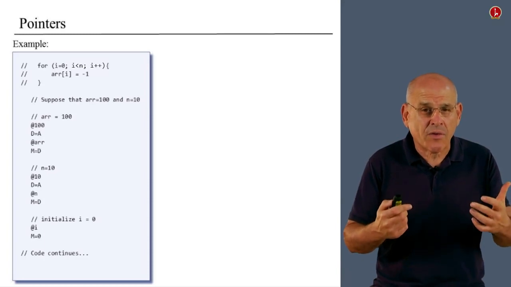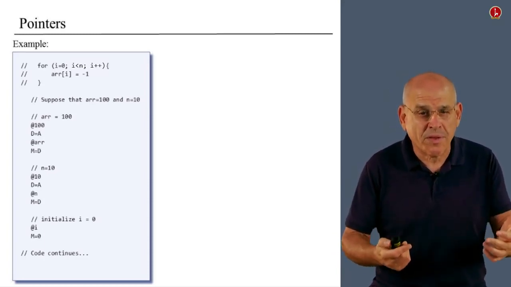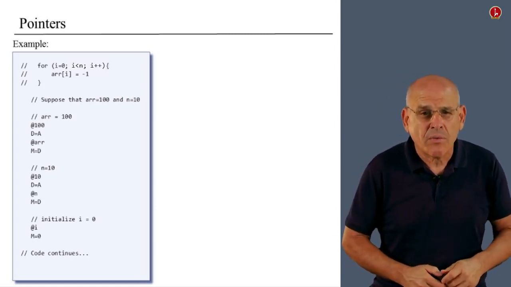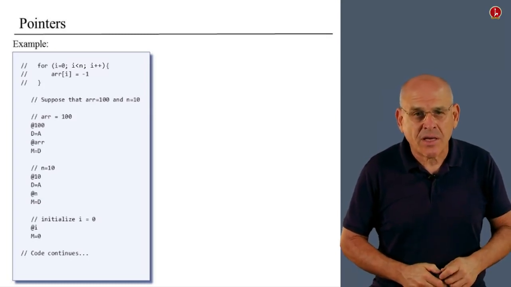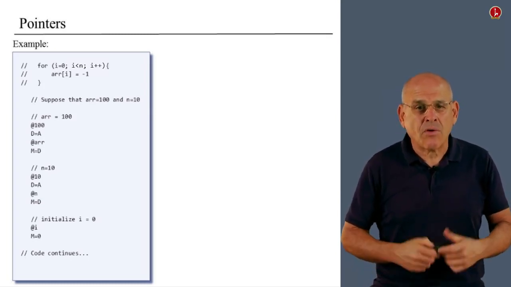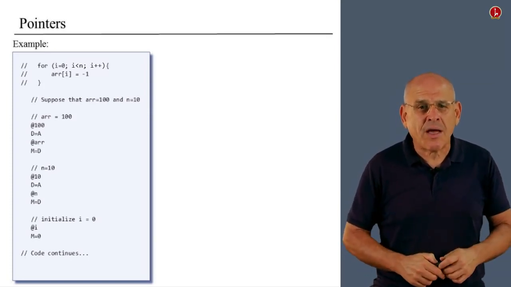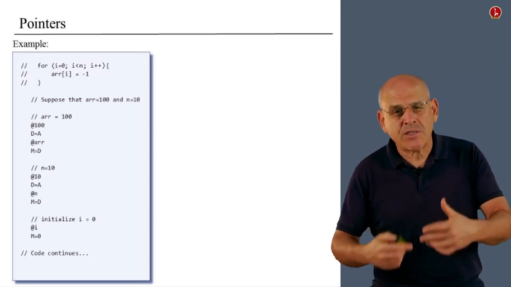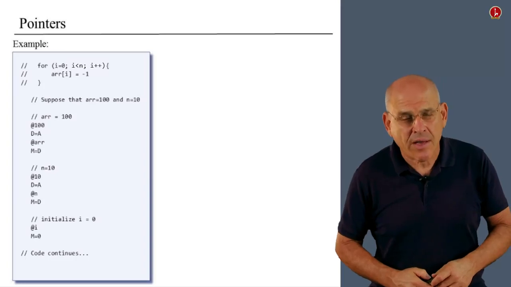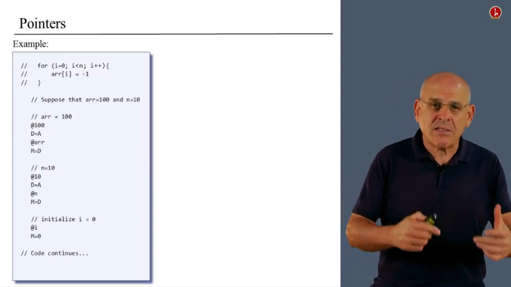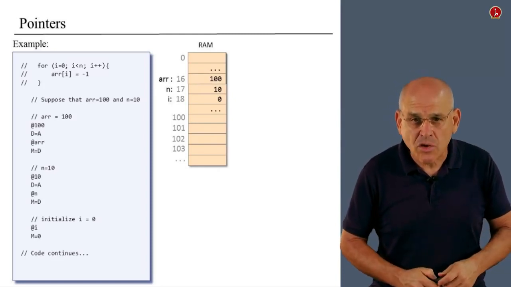Once again, don't forget, we are trying to deliver the functionality of a for loop that begins with I equals 0. So we set I to 0, and then we can start actually going through the loop, so to speak. Once we do these 3 variable declarations and assignments, we have ARR, n, and I allocated to memory registers 16, 17, and 18, and we are ready to begin the actual processing.